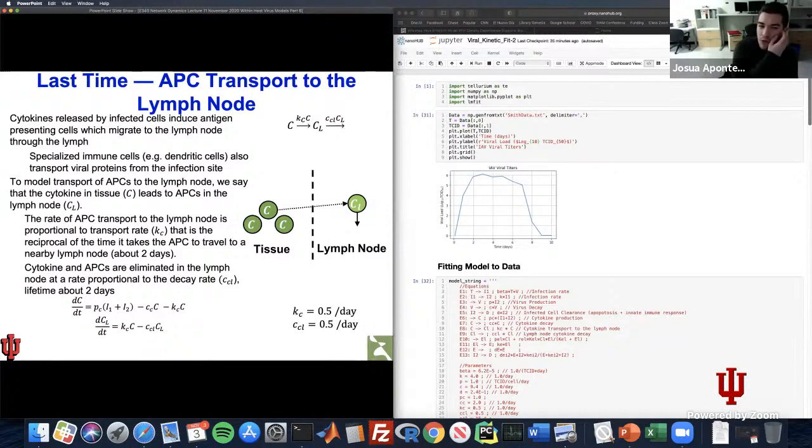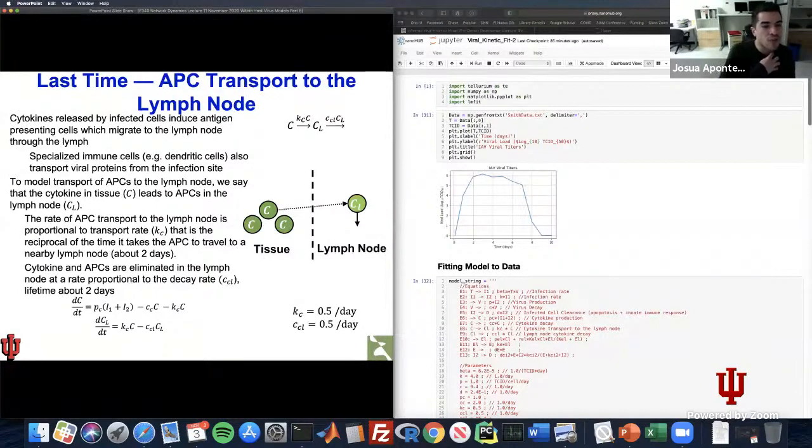And that transport parameter, of course, depends on how long it takes for the signal to reach the target organ. It depends on where the infection is happening, what type of infection it is, and whether it's transported through the lymphatic system or through the blood. So there are multiple parameters that control that rate.